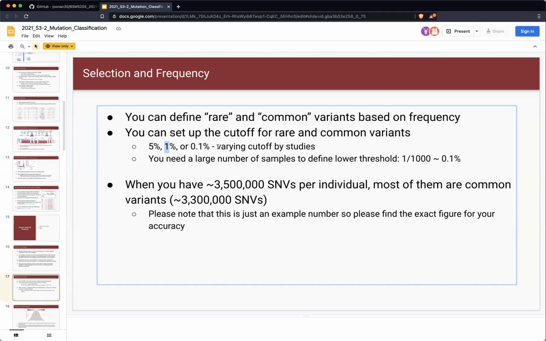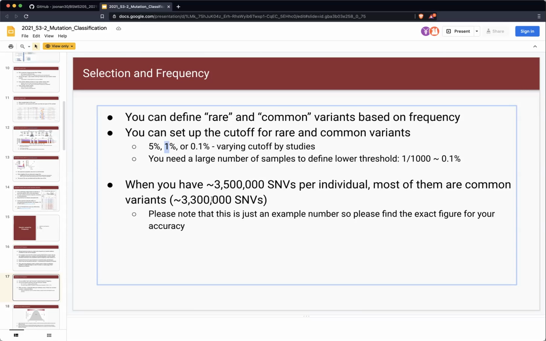So you have to keep in mind that if you read some studies, they are actually using quite varying definitions for the cutoff for rare variants and common variants, right? And if you look at the number of SNVs per individual, most of them are actually common variants, like 3.3 million SNVs.